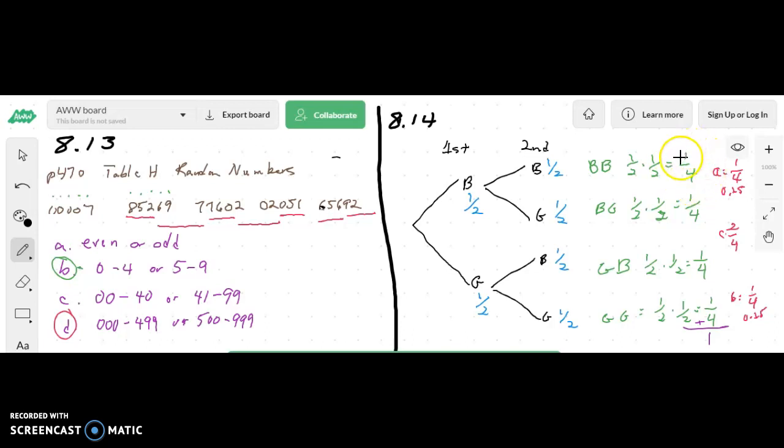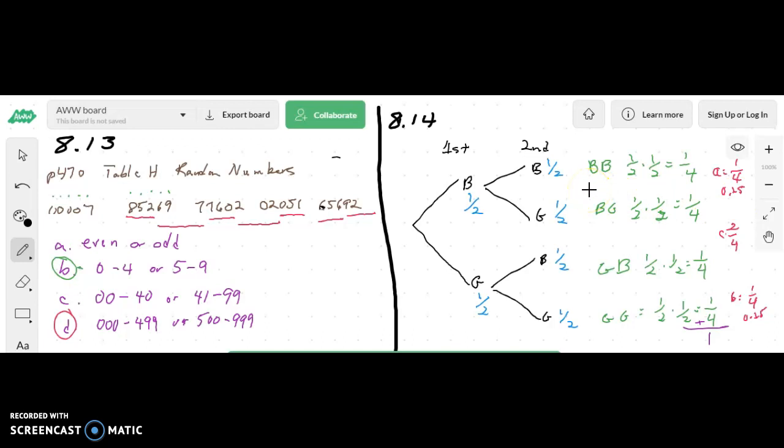And that answers question A, which says, what's the probability that a randomly selected family that has 2 children has 2 boys? The answer would be 1/4 or 0.25. Remember, when you're converting to decimals, the probability has to be between 0 and 1. You can't have a probability higher than 1 or a negative probability.